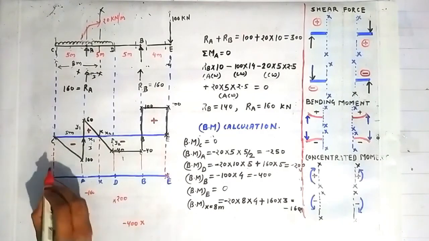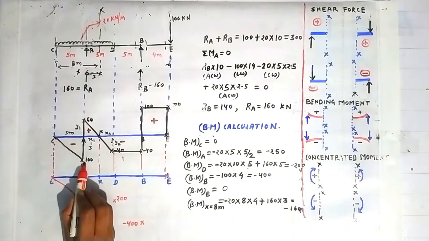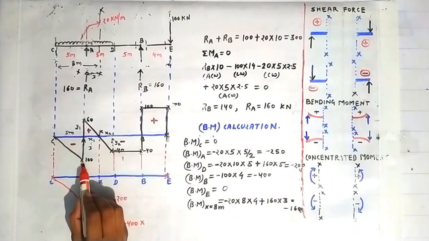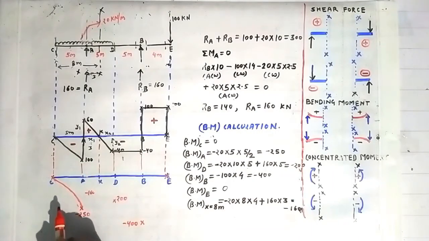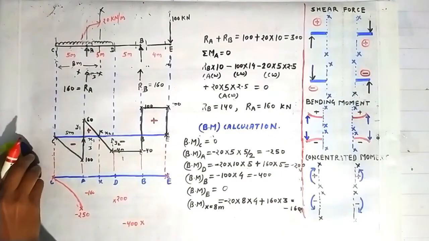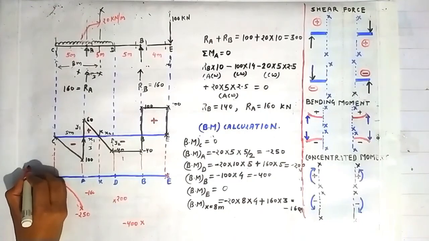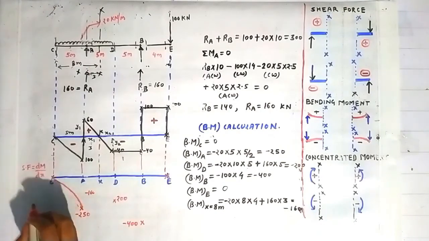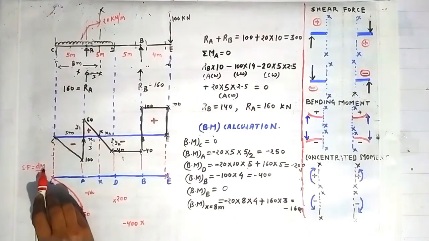Now friends, see this. Between the point C and A, shear force is increasing in the negative direction. That's why the slope of the bending moment diagram must also increase. We know that shear force is equal to dM by dx, that is, shear force is equal to the slope of the bending moment diagram.